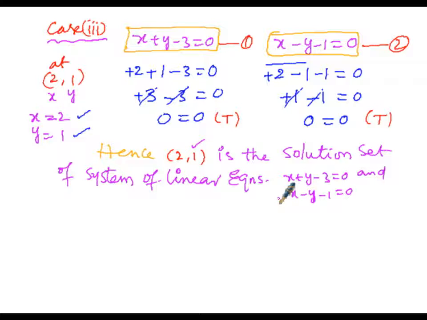So hence, we can write the definition of the solution set. The solution of the simultaneous equations in two variables is an ordered pair of numbers which satisfy both the equations. So it will be called the solution set of linear equations.